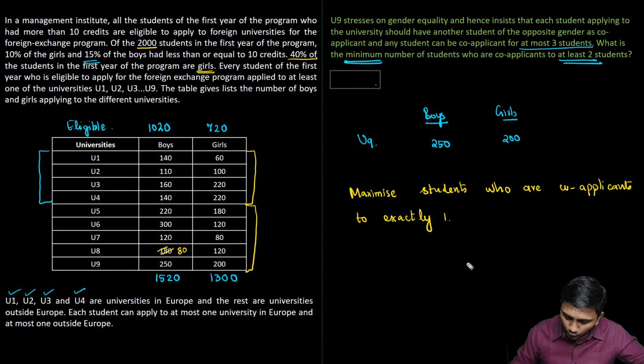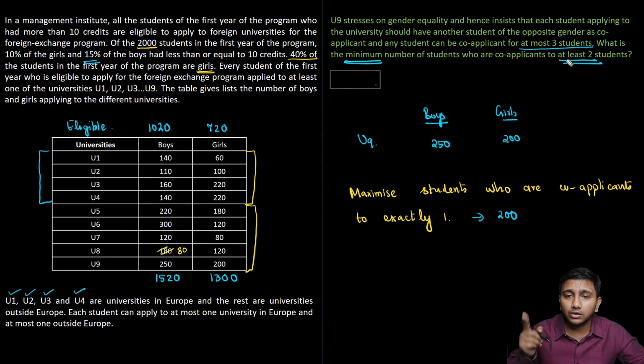So what do I do with those 50 more boys? Initially it looks like, okay, I can keep it at 200, but I also have 50 more boys. So I'll have to somehow map some of the girls to more than one boy, because already all the girls have been mapped to one boy as co-applicant. Now I'll have to map some of the girls to more than one boy. And I don't want to map too many like that, because I want to minimize the number of students who are co-applicants to at least 2.